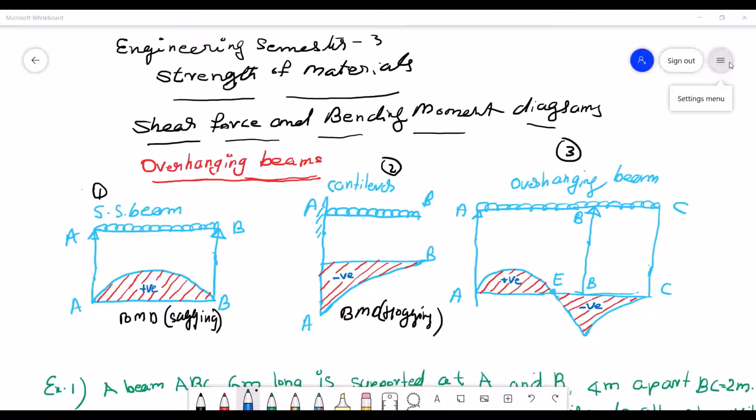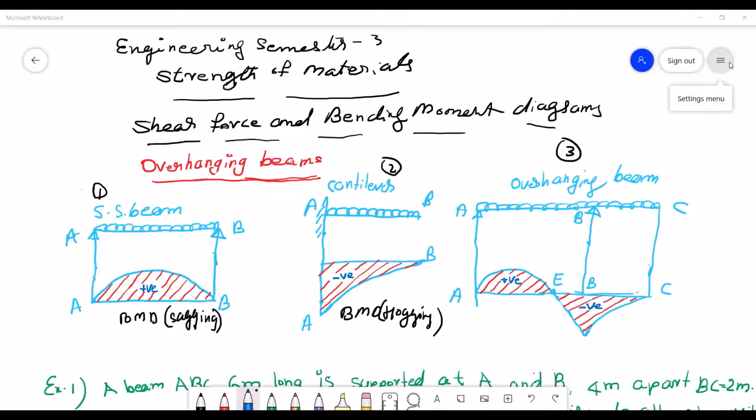See, this is the first case. In the first case, I have shown an SS beam. SS means simply supported beam, having supports at A and B. The bending moment diagram, you please see, is parabolic in shape since it carries a uniformly distributed load, and the bending moment diagram is totally positive and comes above the baseline.